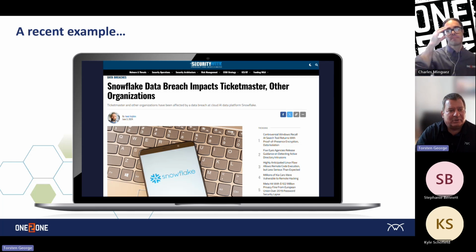So that database was holding social security numbers, everything. And unfortunately, Snowflake did not use multi-factor authentication. So a compromised credential of one of the employees at a third-party company allowed unauthorized access to all these different data lakes. And that shows how important it is to really focus on the things that matter most.